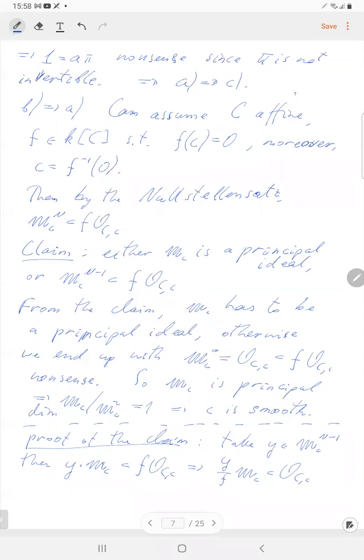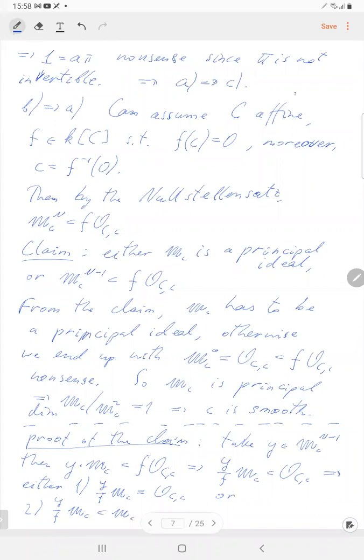And now there are two possibilities. So either y over f times the maximal ideal is the whole local ring, or the second possibility, this ratio lies in the maximal ideal.